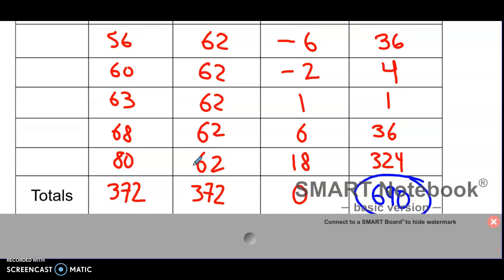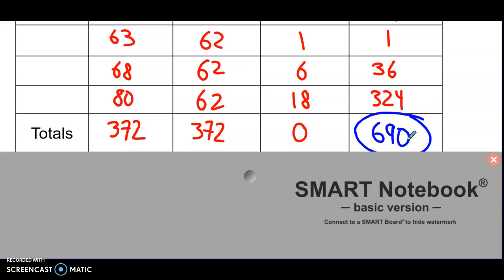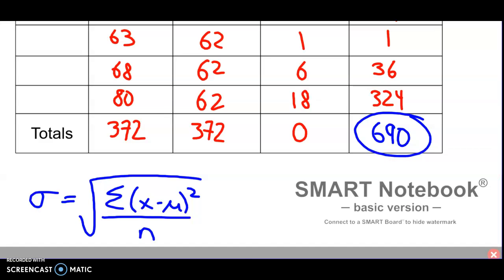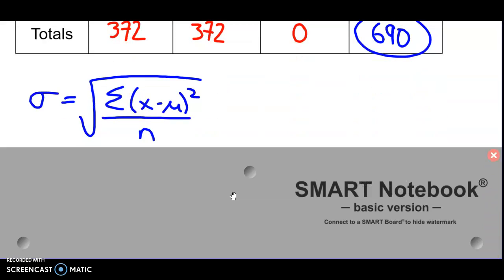All right, and then at the end, you need to add all of them up, okay? So 372, 372, 0, and then we get a total here of 690. So add up all of that information. Now we're calculating our sigma, right? Our standard deviation.